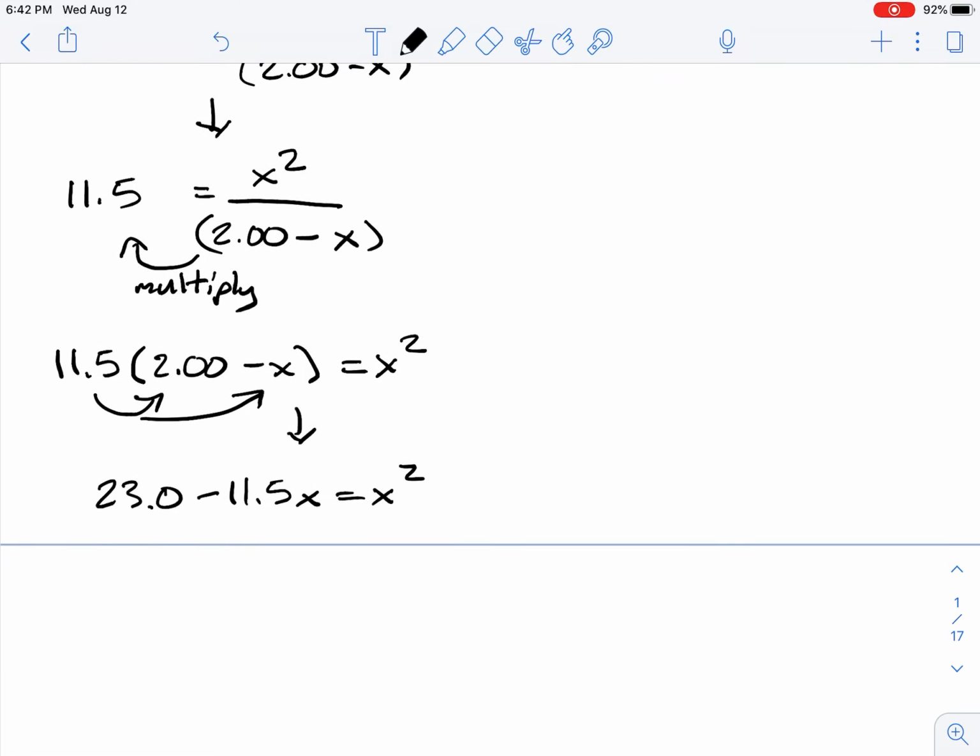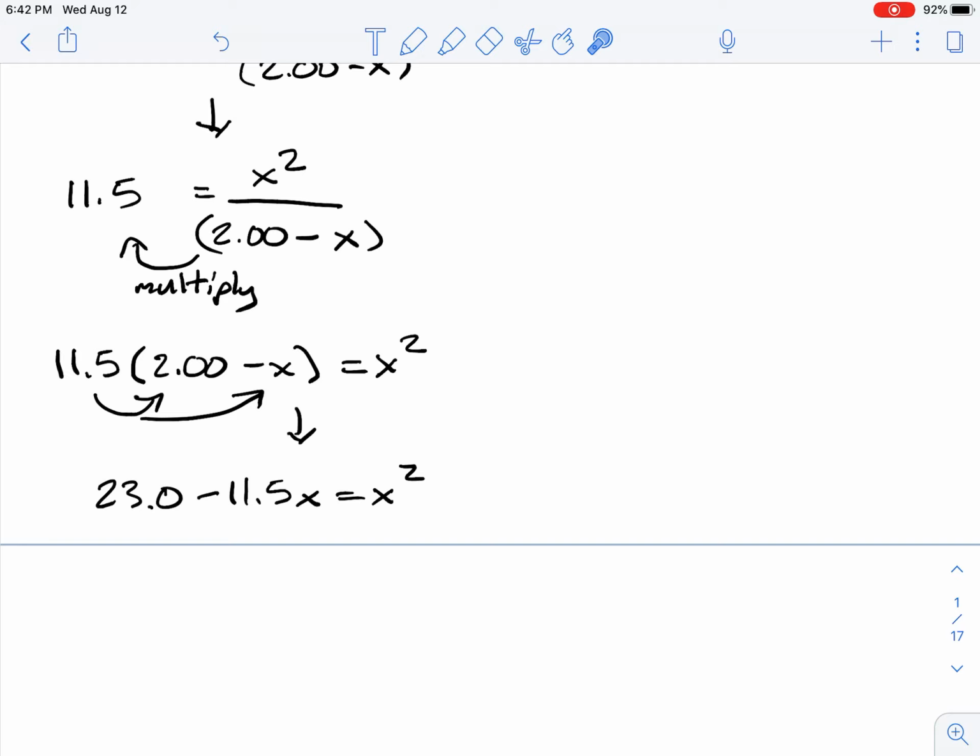And so since there are two different types of x's, x squared and x, this x is raised to the first power. You cannot really combine this with this. They have different powers. And so when you fall upon this situation, your only option is to really employ the quadratic equation to solve for x.